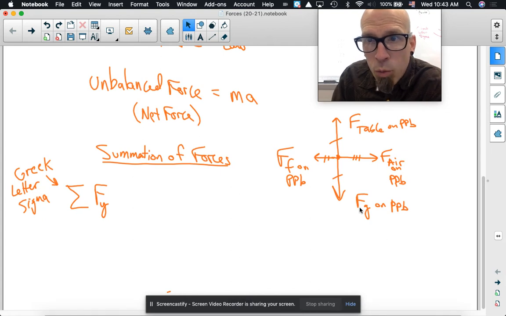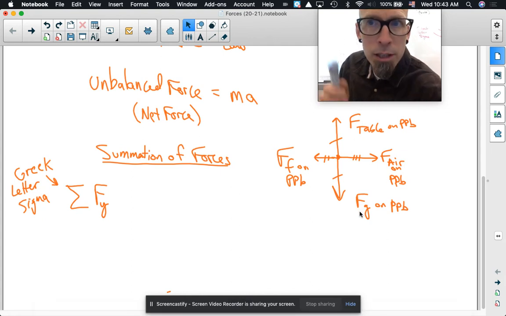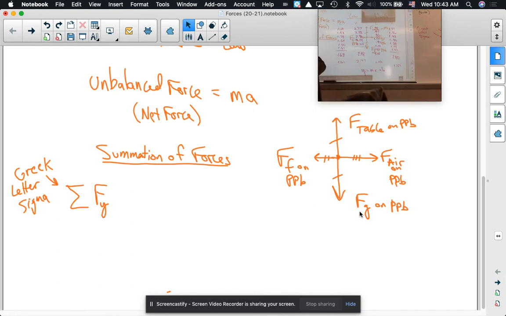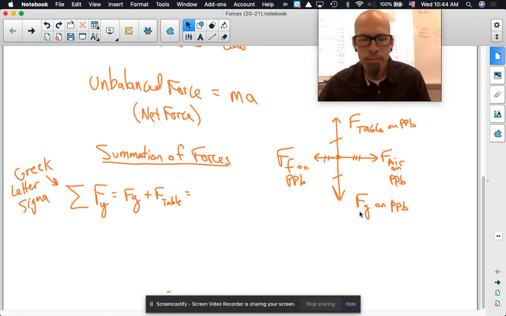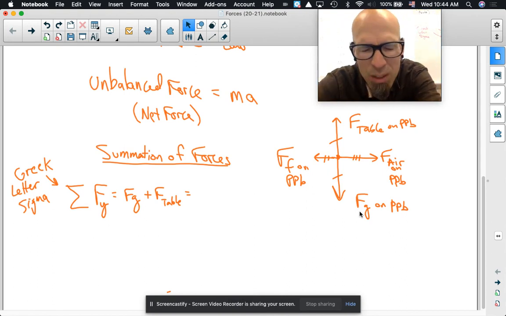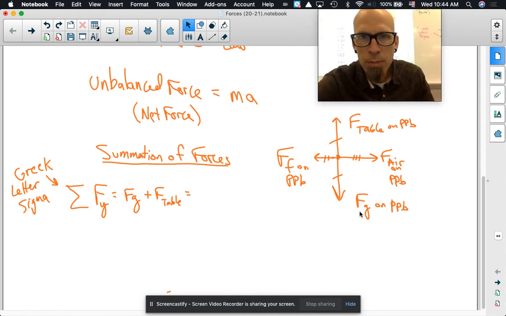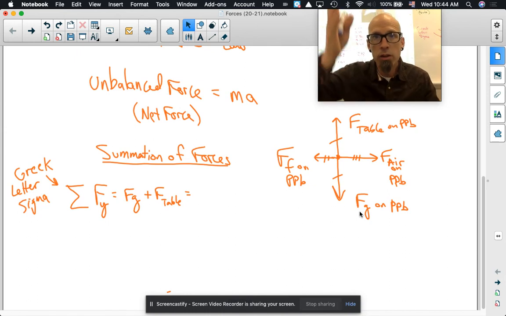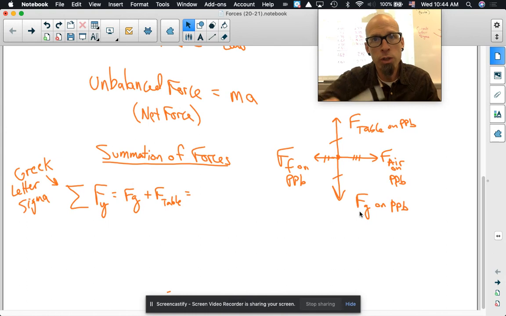So if we look at our diagram, what forces do we have in that dimension? Well, we have a force of gravity, and we have a force of table. Now the question is, what do those add up to? Well, did we decide whether those forces were balanced or unbalanced? They're balanced, right? We said vertically that gravity is doing exactly what the table is doing, equal amounts, right?